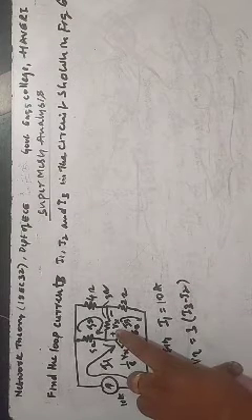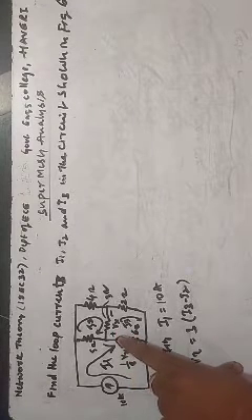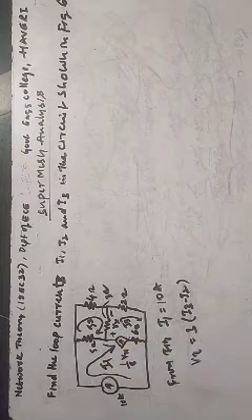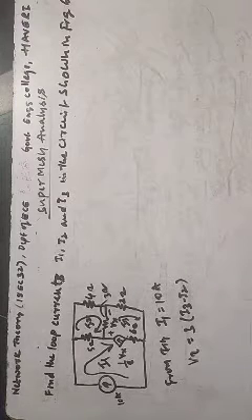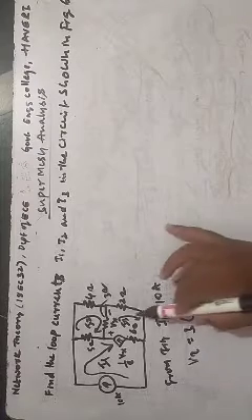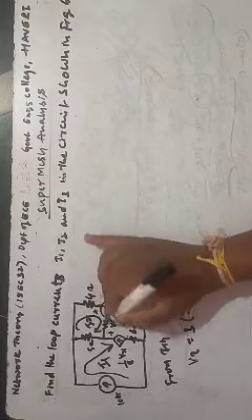We have assumed that I3 is opposite to that of I2, so you can write this as I3 minus I2. If you consider the downward direction of loop 3, this is plus and this is minus. If you consider loop 2, this is plus, this is minus.